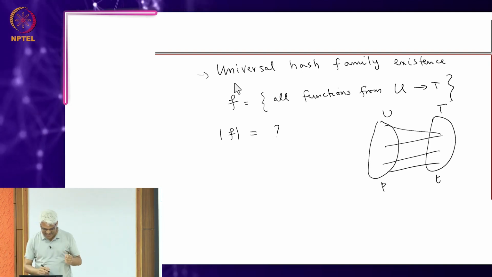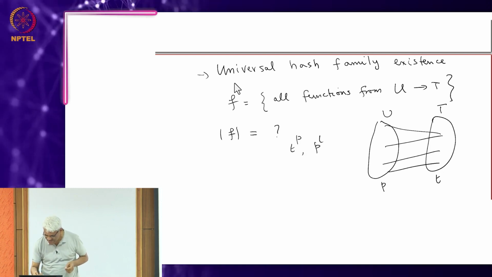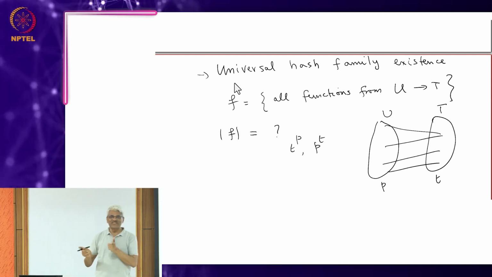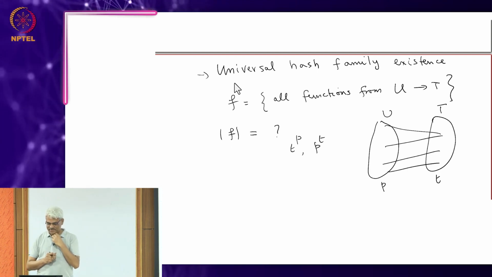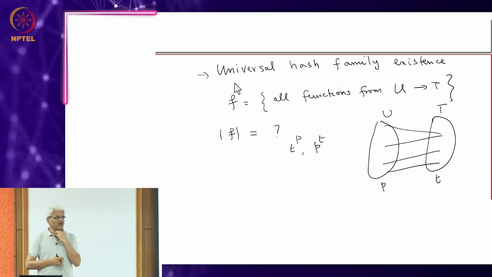P power T, okay, let us write. So, T power P, P power T, any other answers? And then we will see which one is. But I am impressed at least that you guys got one of the two.